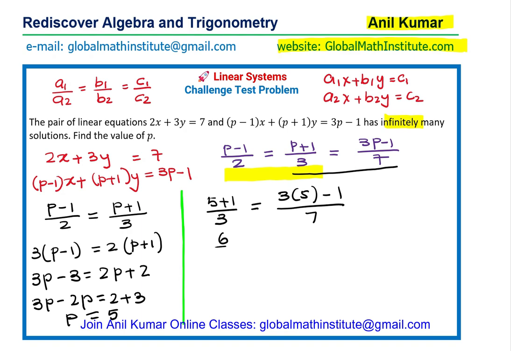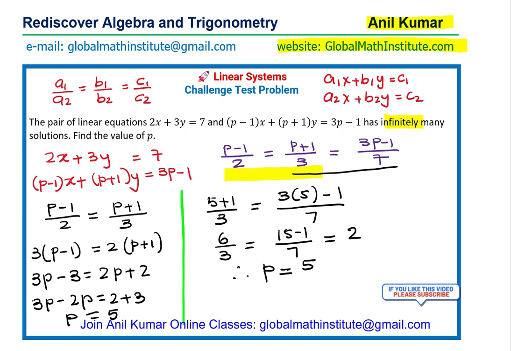And this is 6/3, which is 2. (15 - 1)/7, and we see both of them are 2, right? In fact, (5 - 1)/2 is also 2. So that satisfies, and therefore we ensure that there are infinitely many solutions for a value of p which is equal to 5. So p = 5 is the solution for this particular equation.